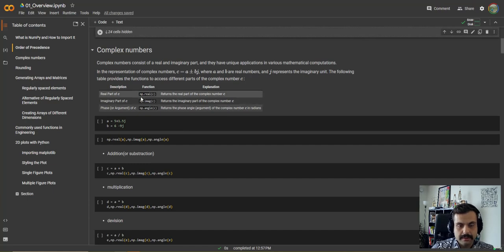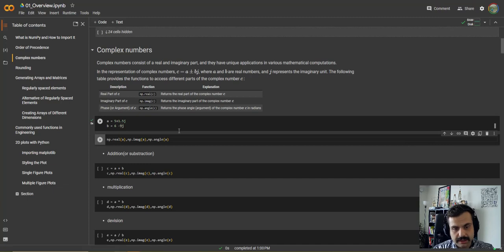So we have access to the real part of C using dot real, dot imag is the imaginary part, and dot angle is the phase of the complex number on the real-imaginary coordinate. So we can get the phase or angle as well. And we can do all the operations without even knowing how to do them.